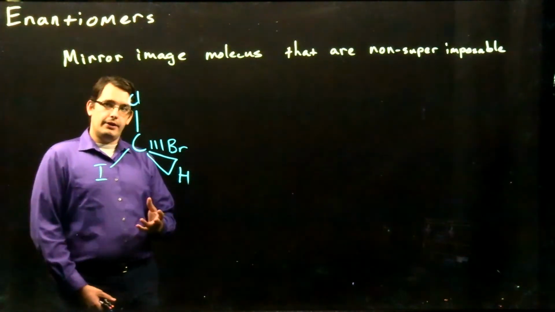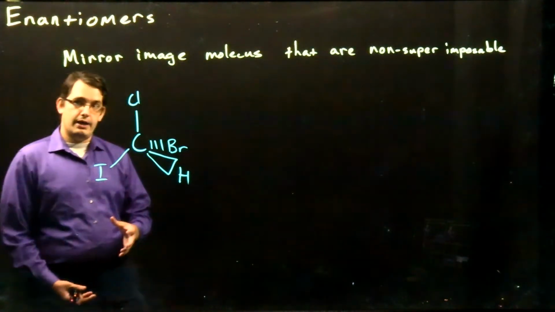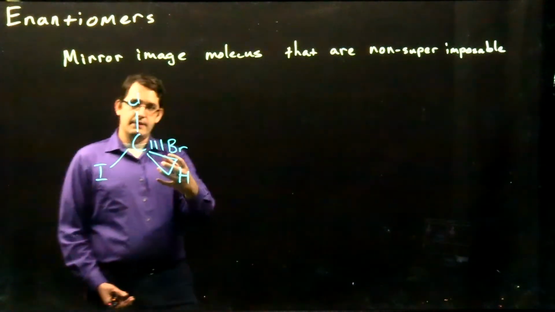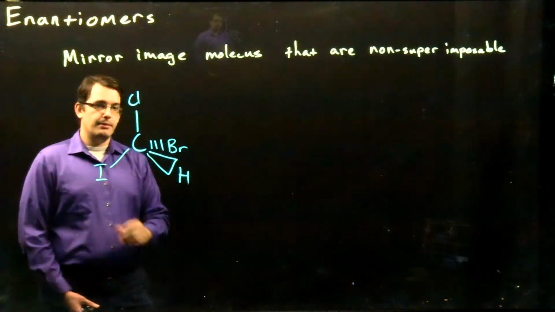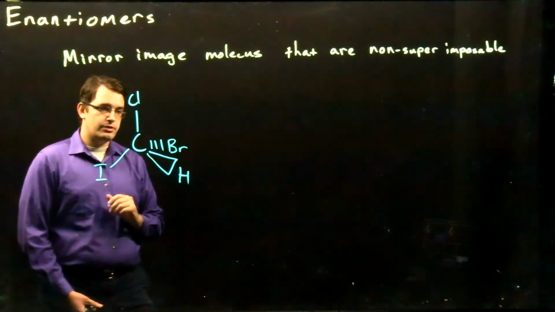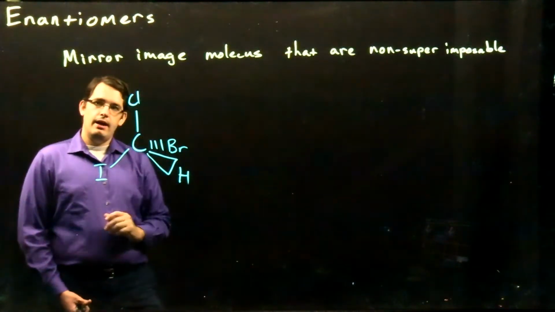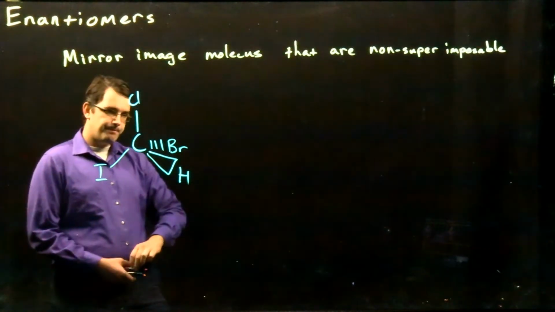Here I have the same molecule represented using our wedge dash notation. Again, the wedge means the bond is coming out towards me, the dash means the bond is going away from me. This gets my nice tetrahedral shape, and I again have my very asymmetric structure here.